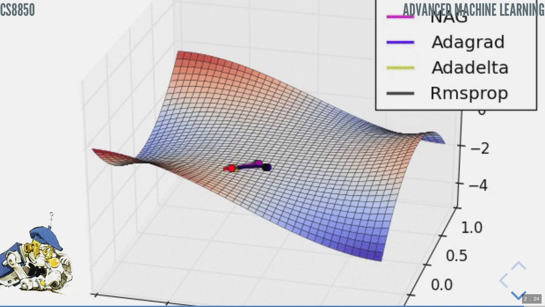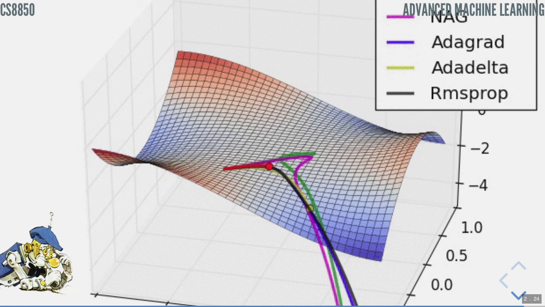So this is an animation from the pre-Adam time, and you can see how Nesterov accelerated gradient, Adagrad, Adadelta, and RMSprop compare to the red ball, which is just stochastic gradient descent.